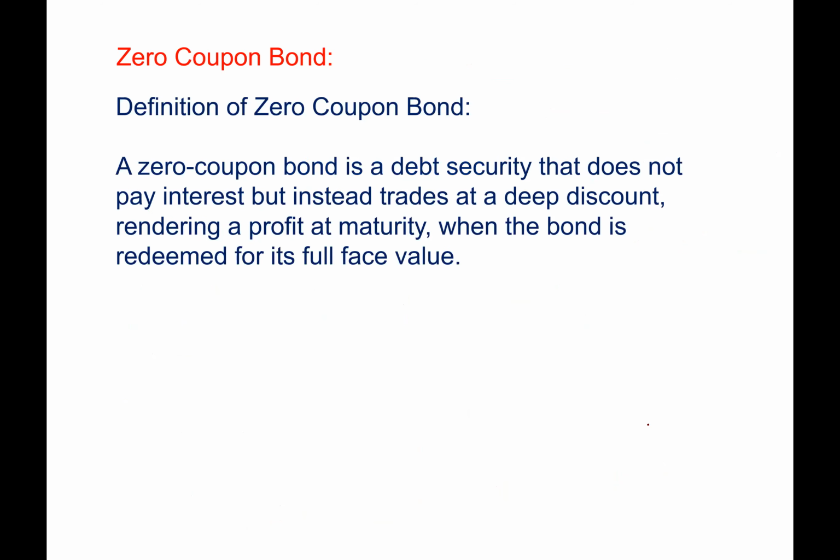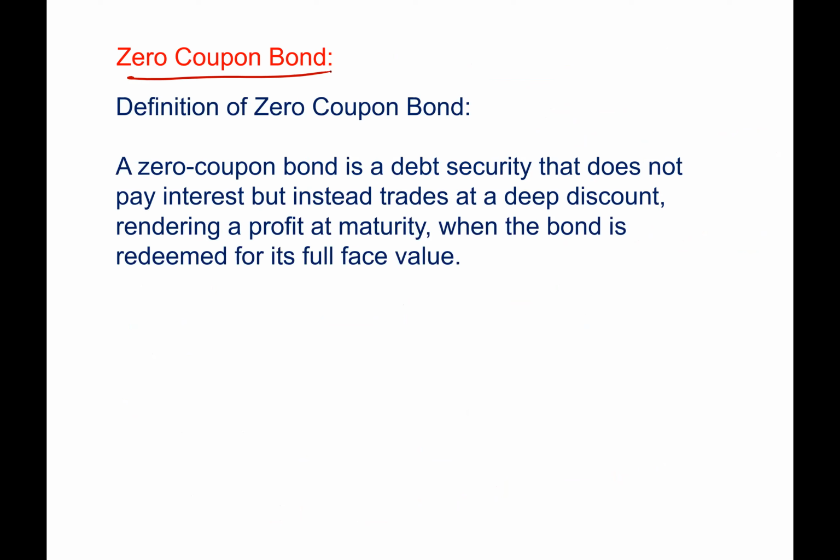All right, then there's one type of bond called a zero coupon bond. Typically for any bond, you will get interest, just like any savings account, where you get interest based on the money deposited in your bank account.